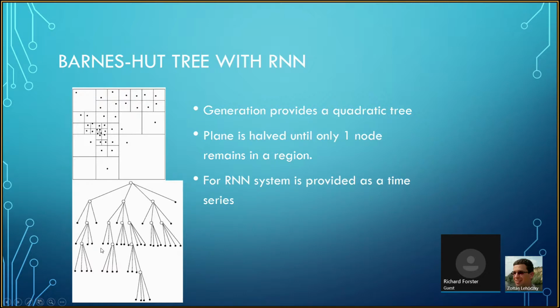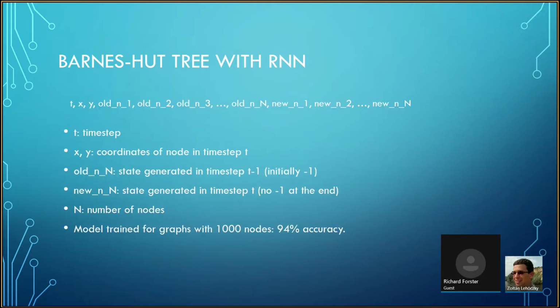And at the bottom, you can see that this will be a quadratic tree where each node in a graph that is not a leaf will be a region, and each leaf will be a node in the original graph. And what we would like to see is how to compute these trees based on RNN networks.